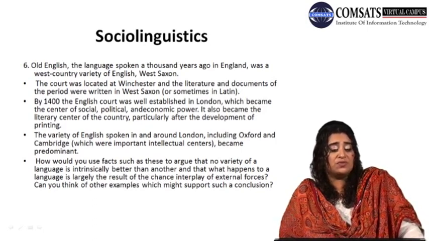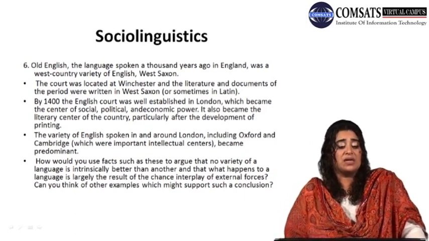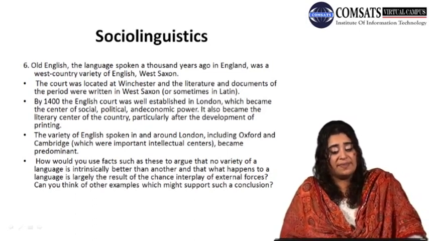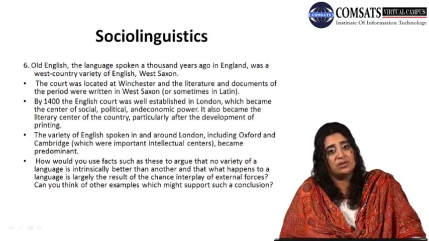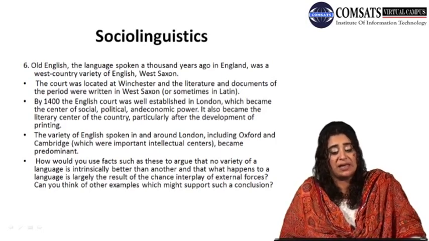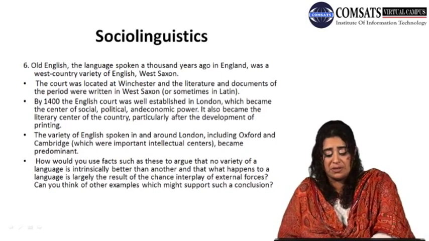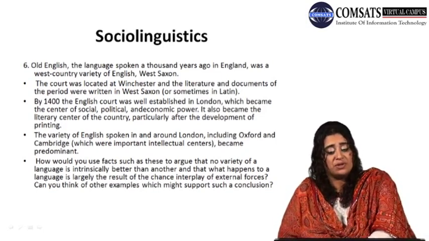How would you use facts such as these to argue that no variety of the language is intrinsically better than another, and that what happens to language is largely the result of the chance interplay of external forces? Can you think of other examples which might support such a conclusion?